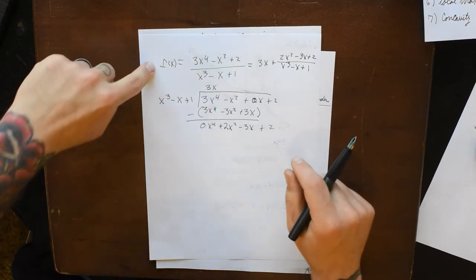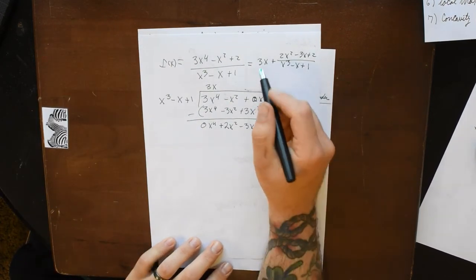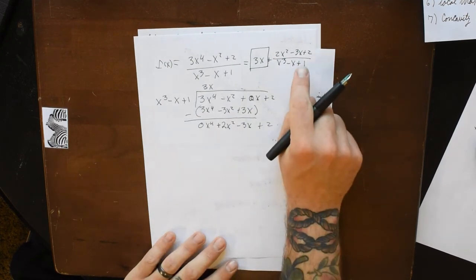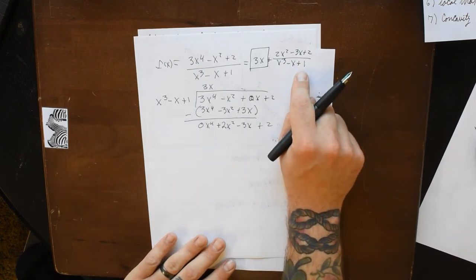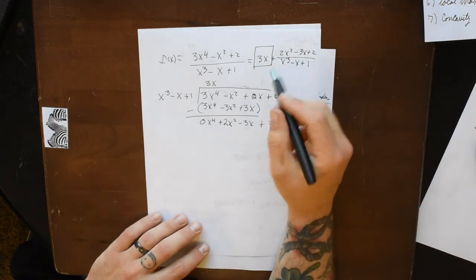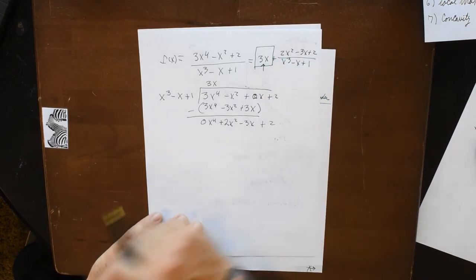So we know that this function is going to have a slant asymptote along the line y equals 3x. Because after all, this remainder is going to contribute less and less as x gets large. The only thing that's really going to contribute is this 3x.